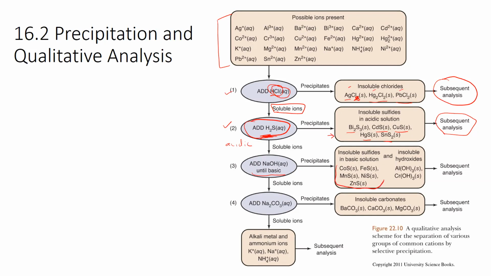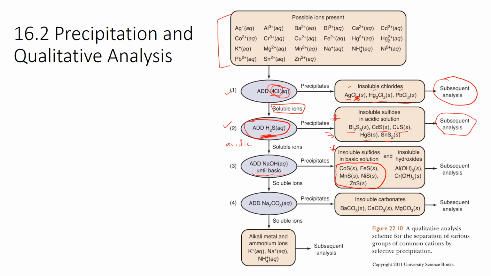One, you precipitate out the sulfides that are more soluble than the sulfides in the first step, right? Remember, the sulfides you precipitate out in the first step are very insoluble with sulfide. The ones here are a little bit less so, because those ones allow the sulfur to remain as hydrogen sulfide in a given solution.